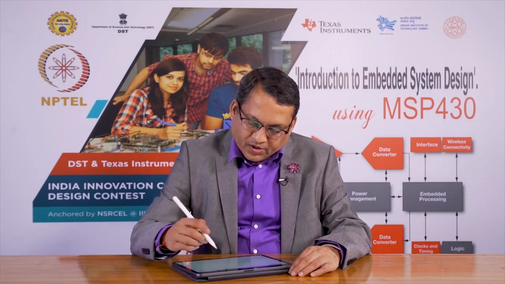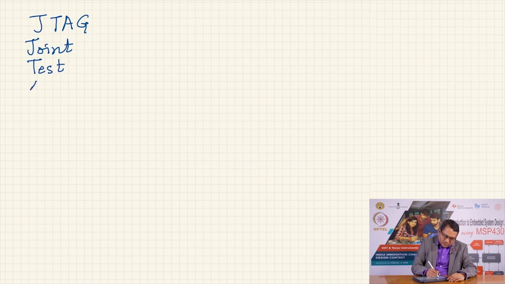Let me explain JTAG to you because we have used this term several times. JTAG stands for Joint Test Action Group. It's the name of the protocol. It's a 4-wire serial protocol.